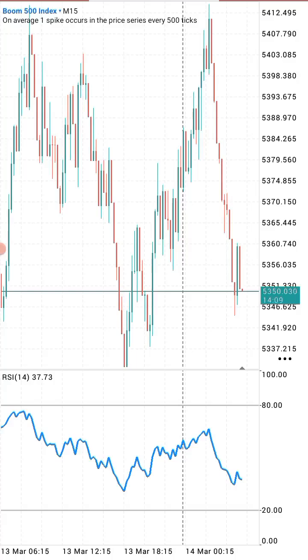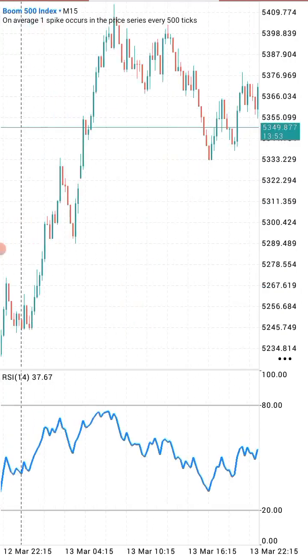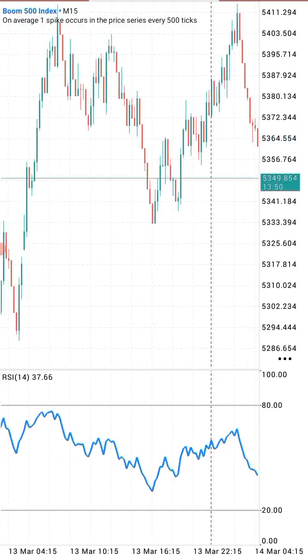For example, if you buy when it was down and RSI is approaching 80 or 70, you need to go out of the market. You need to close the trade. Or if you are selling from up here and RSI reaches down to 20 or 30, you have to close your trade.